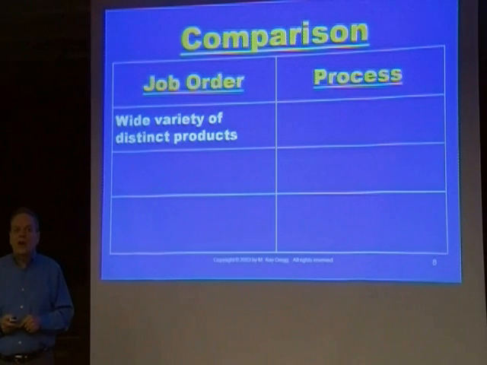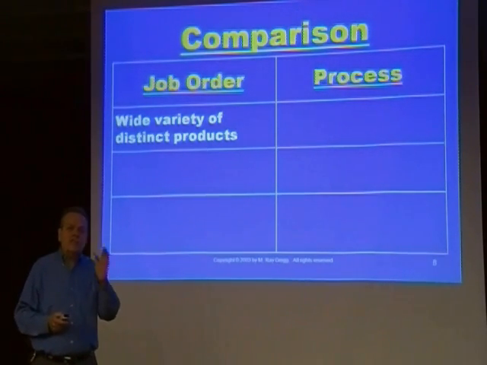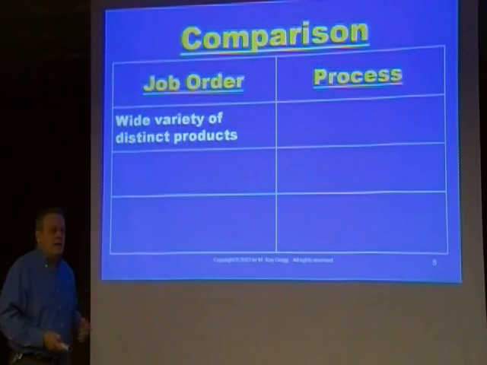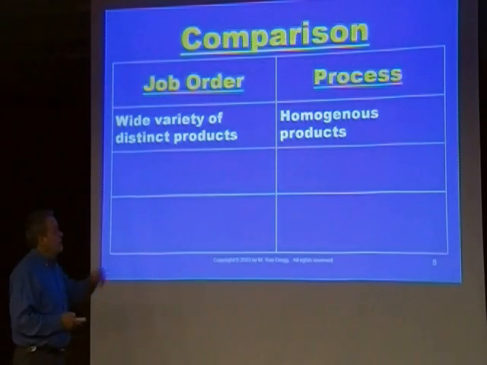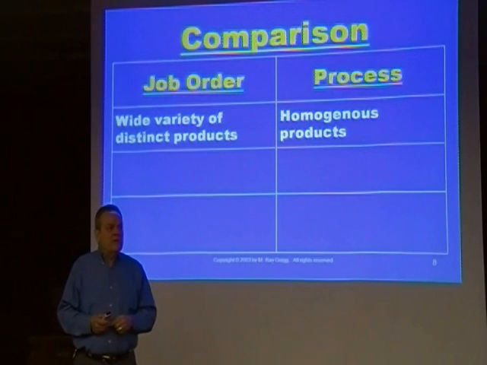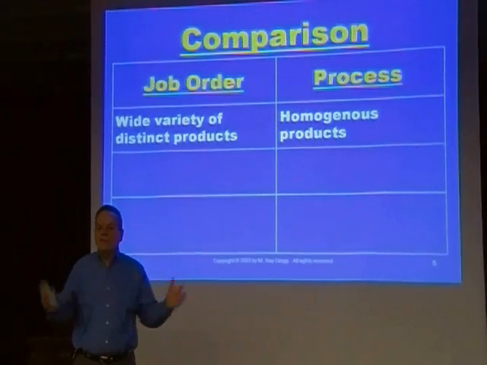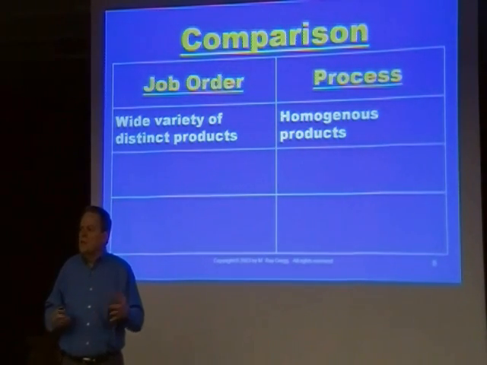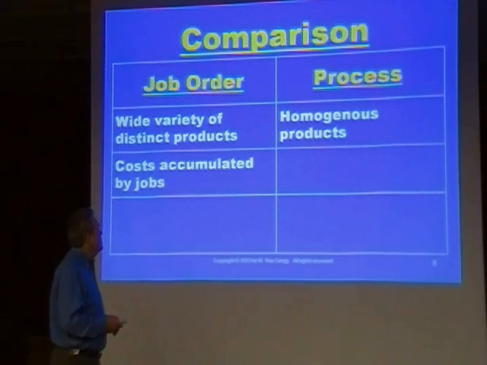Those costs that we incur in production can be traced to that specific good on which we're working. They're identifiable, one from another. In process cost accounting, we produce units that are just alike, that all have the same characteristics, that are very difficult or impossible to distinguish one from another.